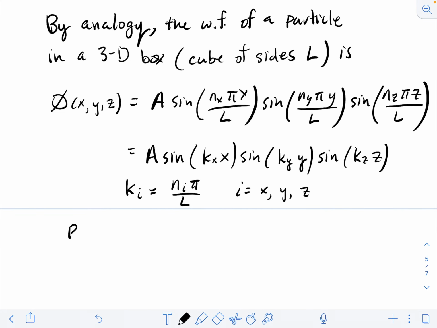So we could write down our boundary conditions that this wave function satisfies.